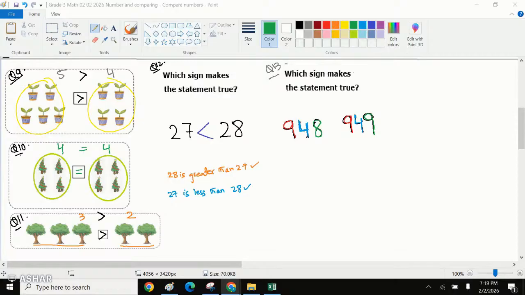Yes. Okay. No, Ethan, sign error. You wrote 940. What you are writing is, you are writing this 948 is greater than 949. Yes. Good. The correction done would be 948 is less than 949, right?